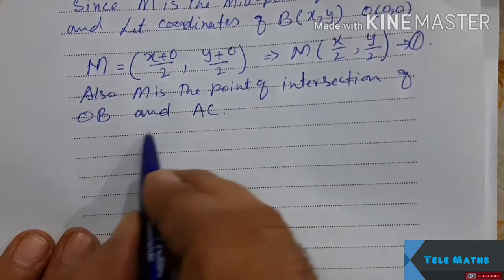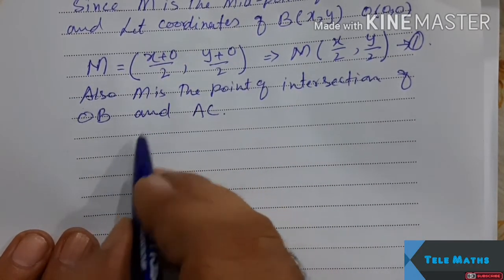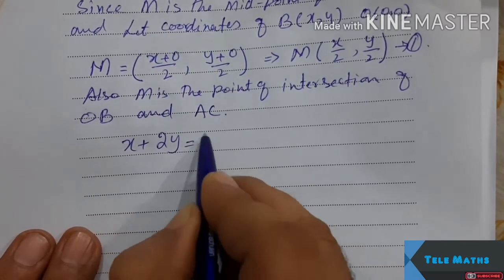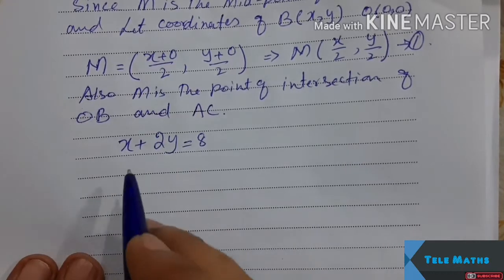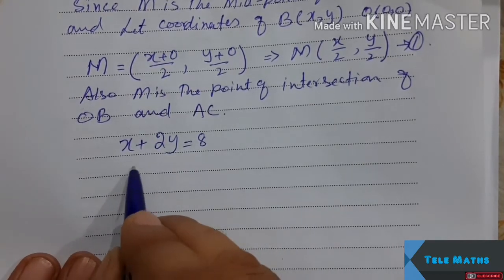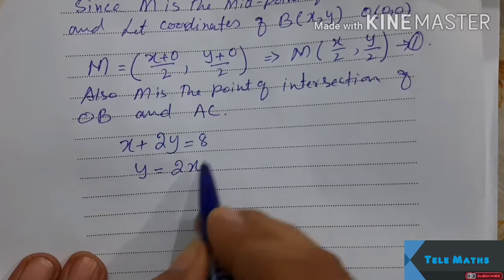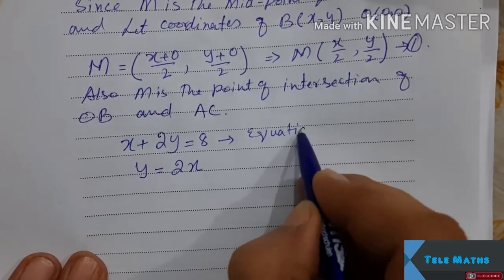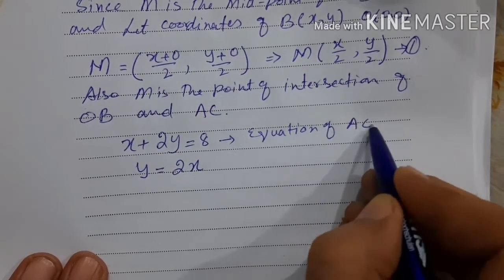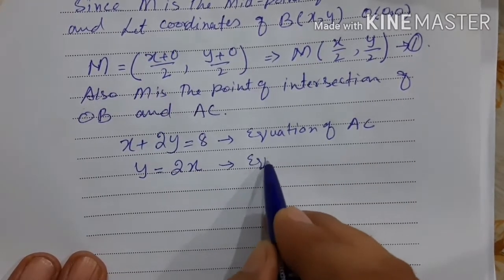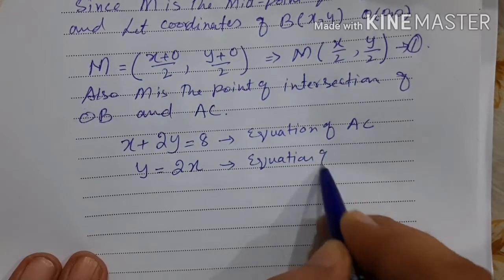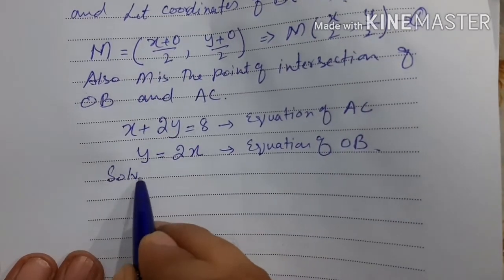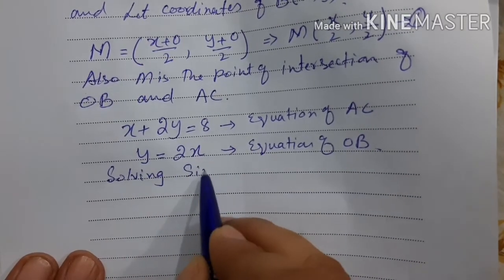Equation of AC is x plus 2y is equal to 8, and equation of OB is y is equal to 2x. So solving simultaneously.